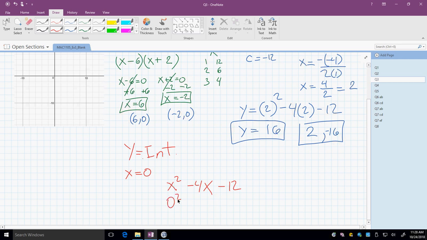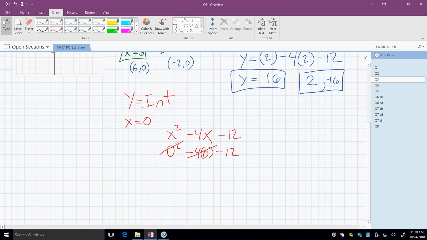We plug in 0 for each x. The same as before, it goes away. So y is going to be equal to negative 12. So our point for the y-intercept is going to be 0, negative 12.